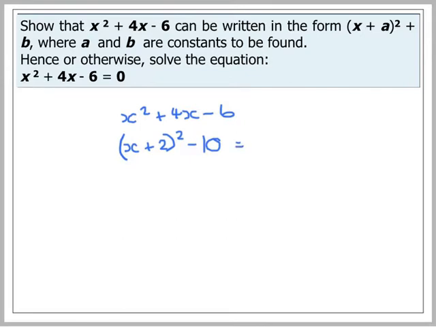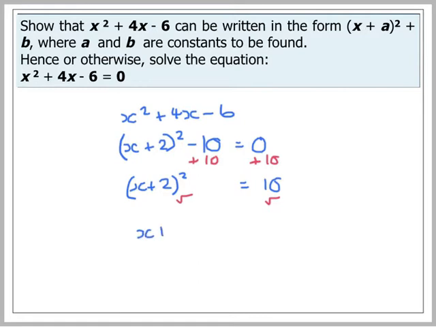So I'm just going to write equals 0 on the end. So now I need to put it all over to the other side, so over that 10 goes, and I get x plus 2 all squared is 10. I need to get rid of that square, so I square root both sides.